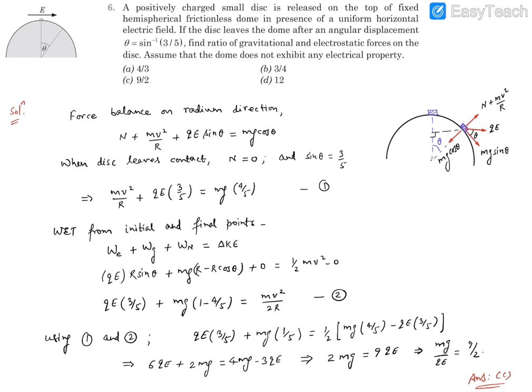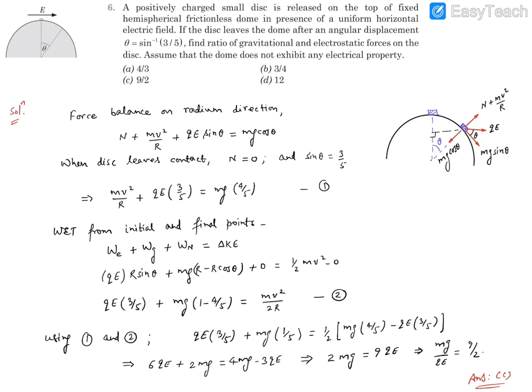Similarly, the gravitational force is also constant, and it will require the vertical displacement, which is going to be this much. Now we know the total distance is r, and this portion is going to be r cos theta. So out of r, if we subtract r cos theta, we will find the displacement in the vertical direction. So it's going to be mg into the height, which is basically r minus r cos theta.